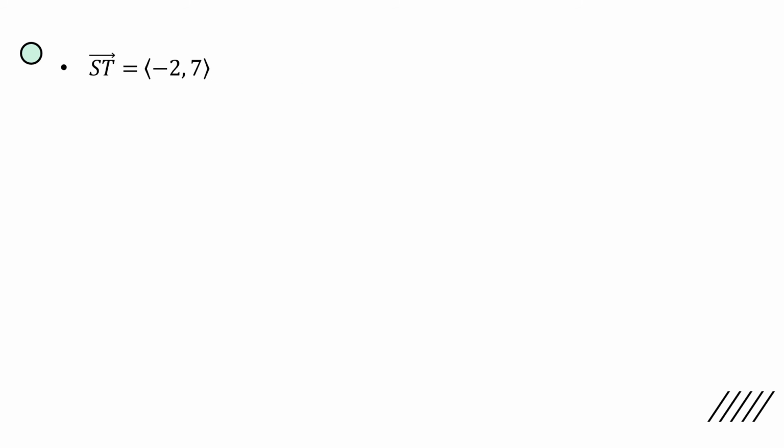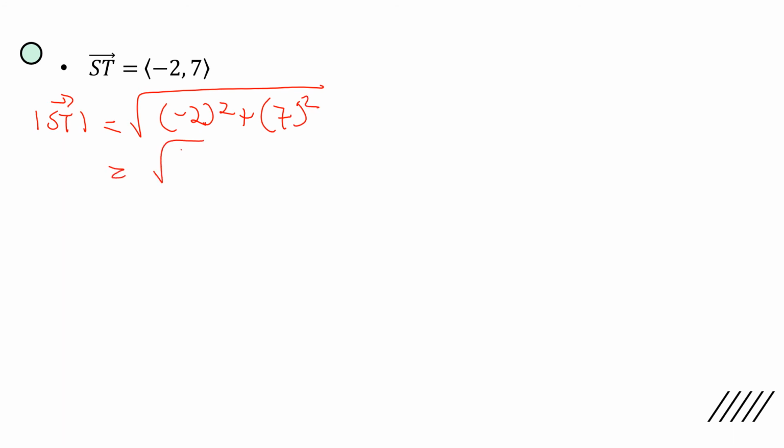The magnitude of ST is given by the square root of negative 2 squared plus 7 squared, which gives us root 53.